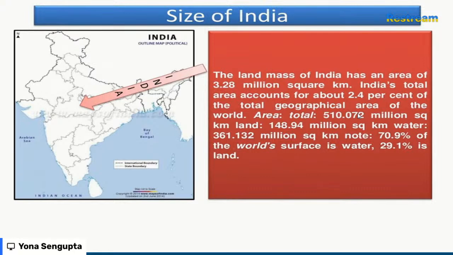Brazil is the fifth largest with 8.51. Australia is the sixth largest with 7.69, and last but not the least, India is 3.28.